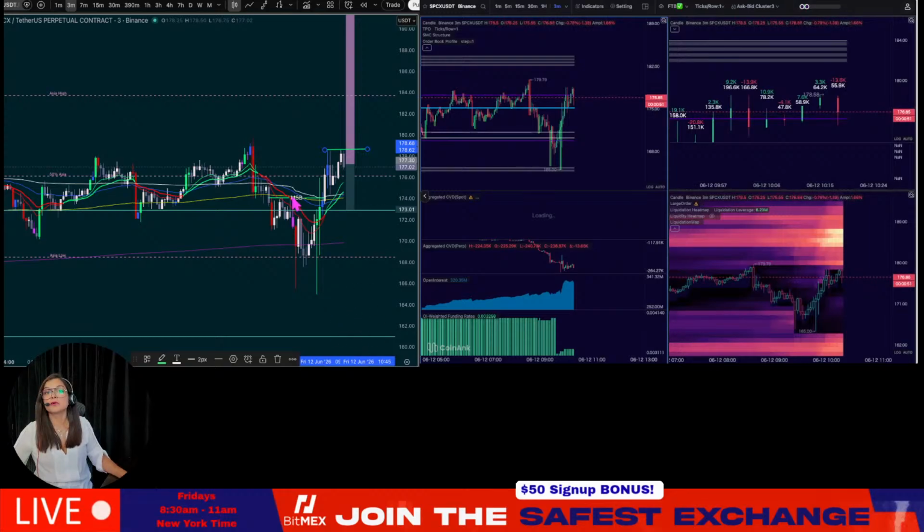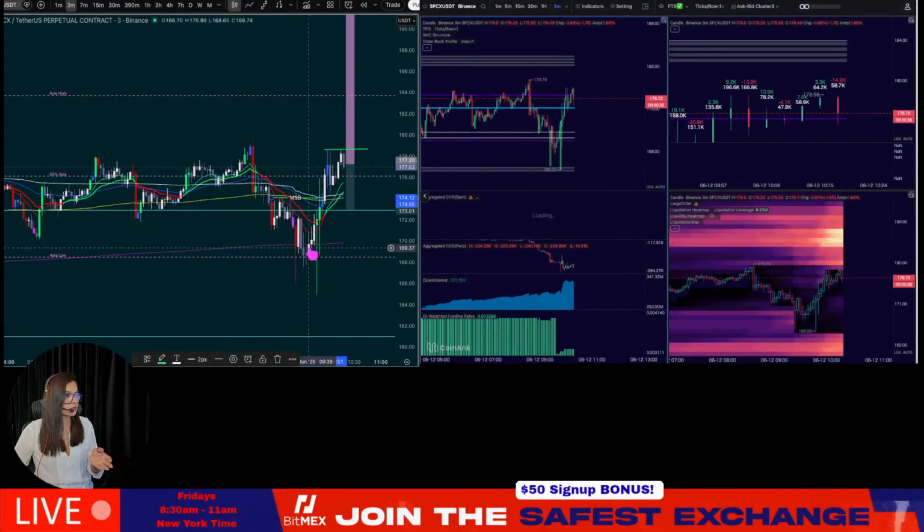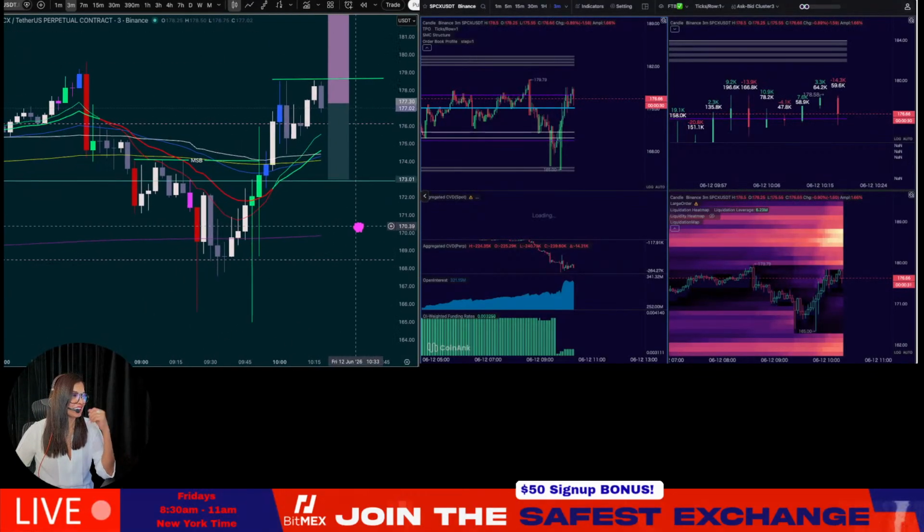So we look for an MSB, a market structure break that tells us that the trend is going to change. We got the MSB right here, and your MSB is drawn from the last line of candles going down to the first one that breaks it going up. Sorry guys, it's the best I can explain it. I'm sure there's a better explanation out there. All right, so this is your MSB.